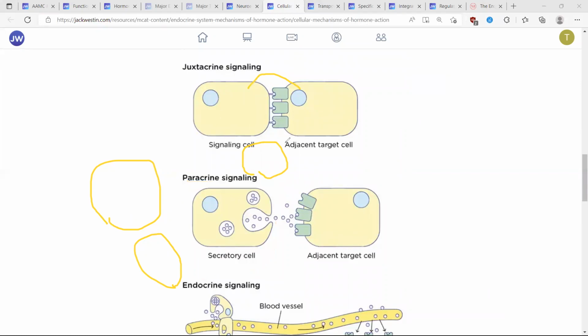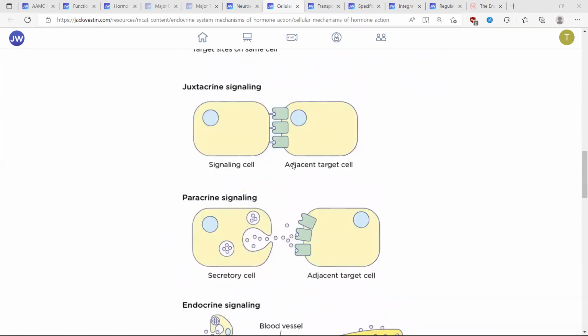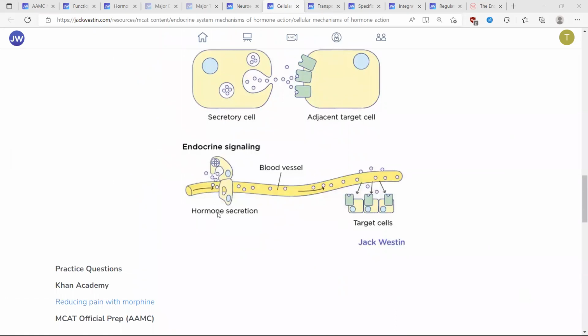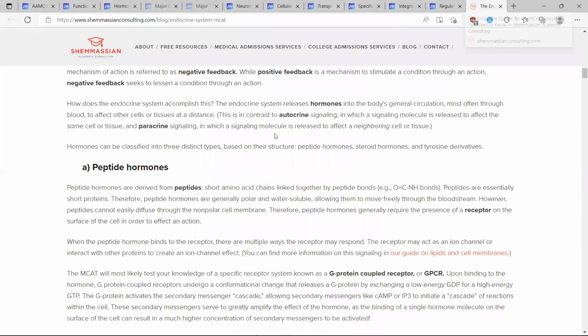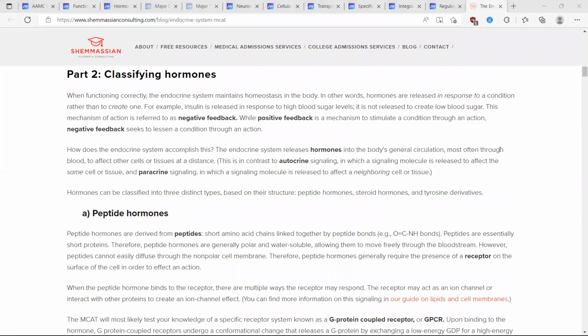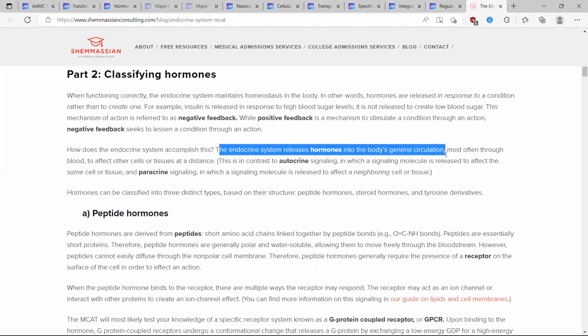This is all just to show you that these are not endocrine, and to understand what we're talking about when we look at endocrine signaling. The endocrine system releases hormones into the body's general circulation, most often through blood, to affect other cells or tissues at a distance. The big keyword here is at a distance. The other modes of signaling are not distantly affecting tissues.